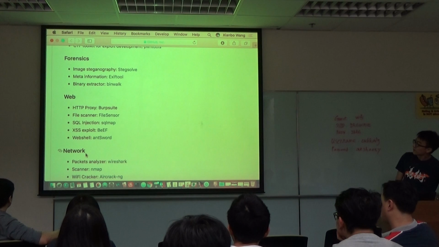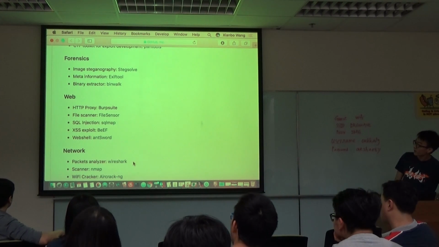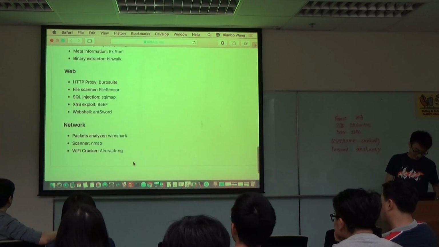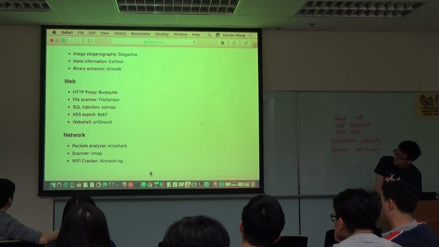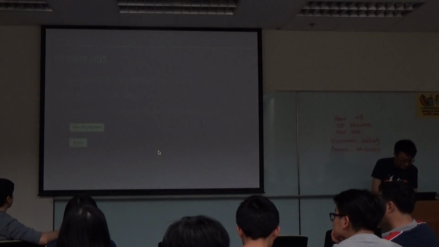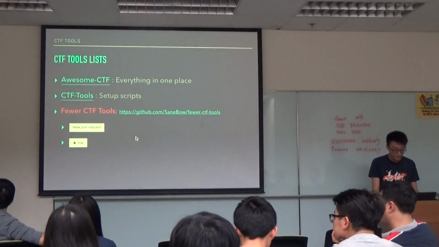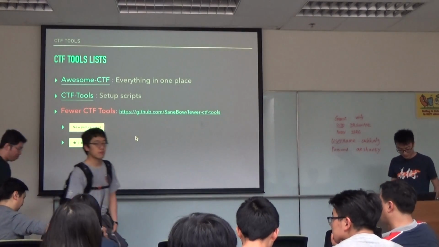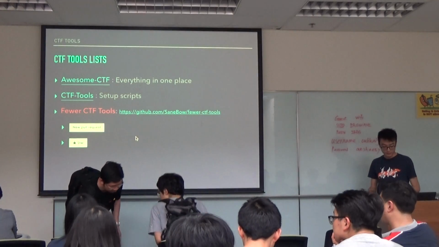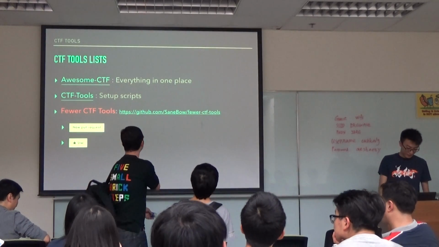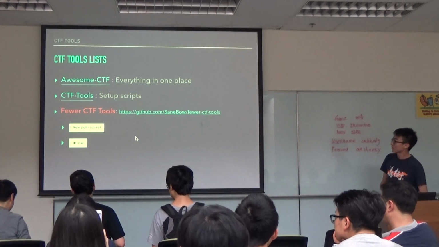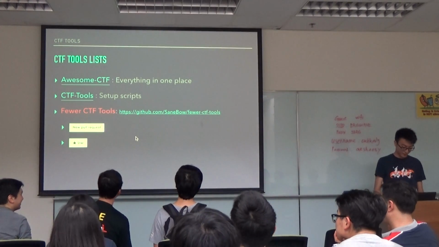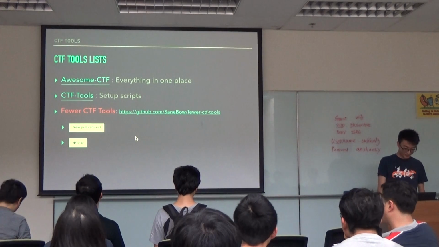You can find many popular and famous tools in this list. So in today's talk, I will basically go through the list. And also, because this list is not very perfect now, any contribution to this project is very welcome. And also, welcome to star it.